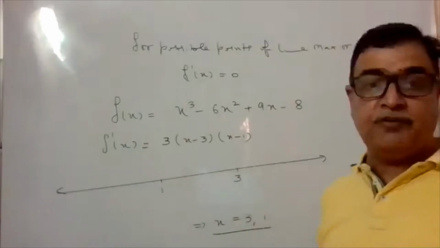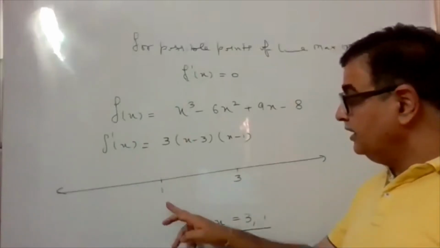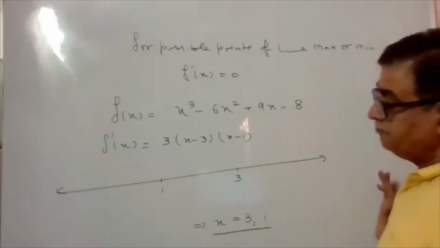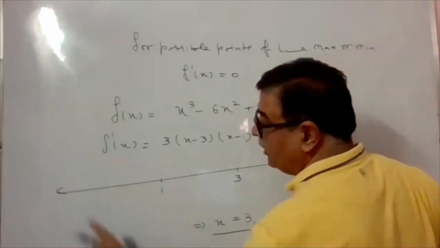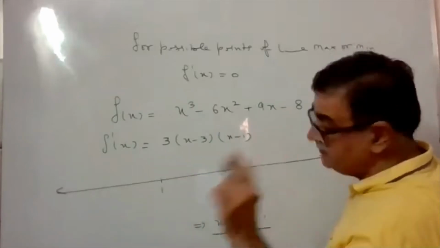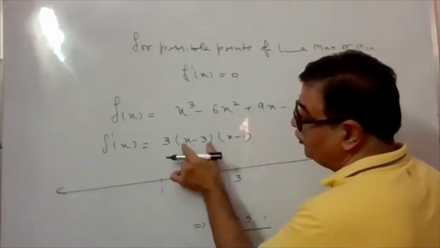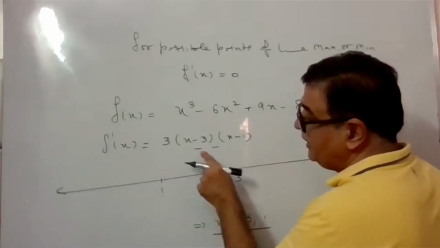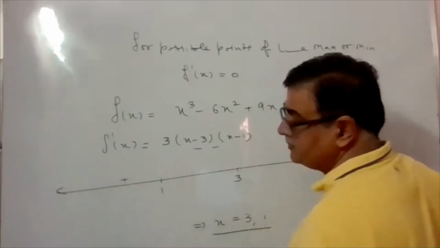And now we have to check whether each point is local maximum or local minimum. When you take a value less than 1, it can be 0. Put it here in f dash x. When you put 0 here, this comes out to be minus, and this also comes minus, so minus and minus net come out to be plus.